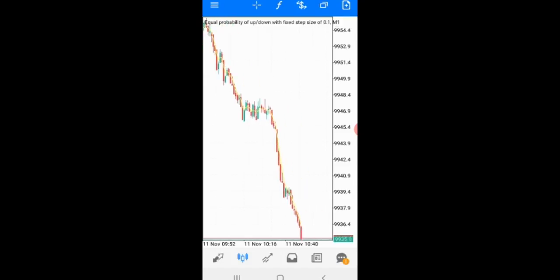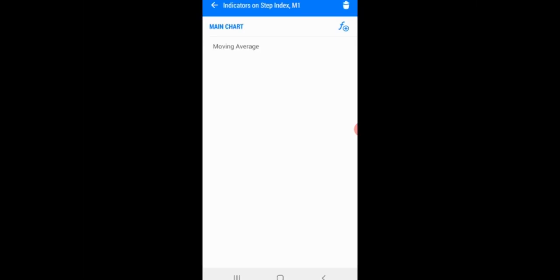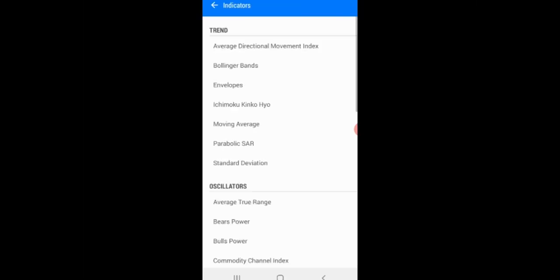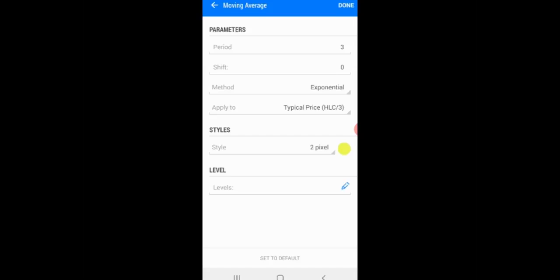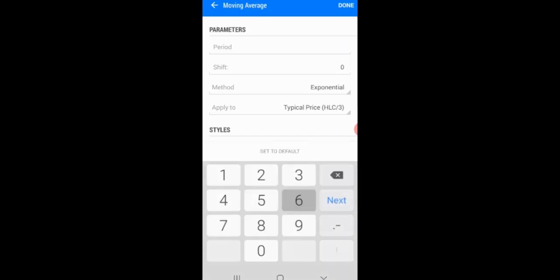Then the next indicator we need is another moving average. Add it. This time we are going to use period 60, and shift 0 also.